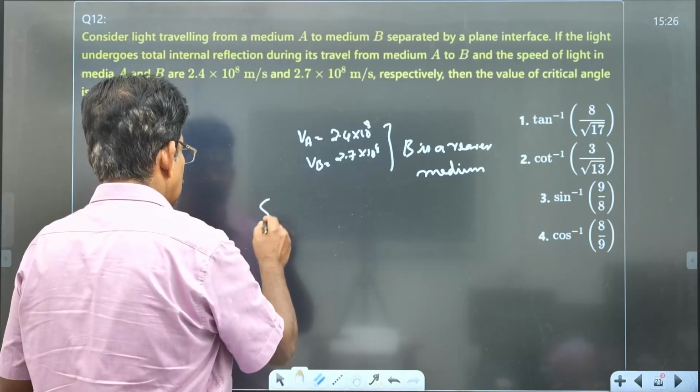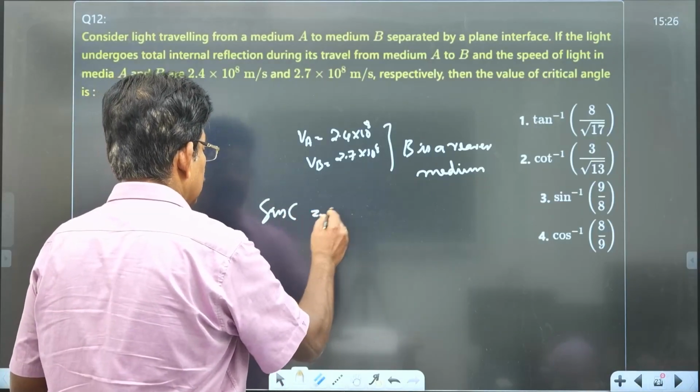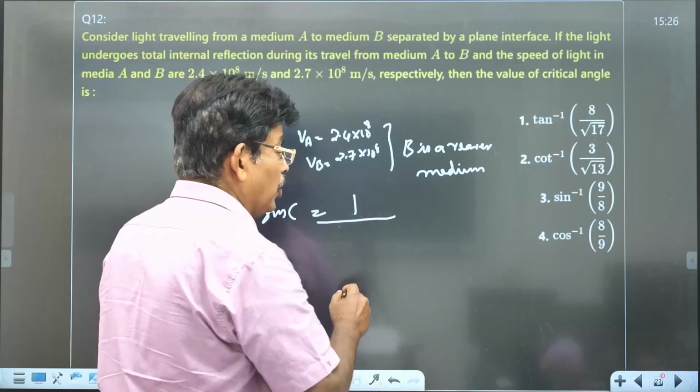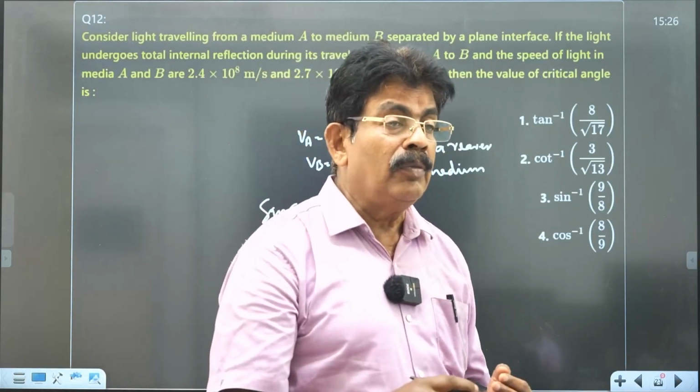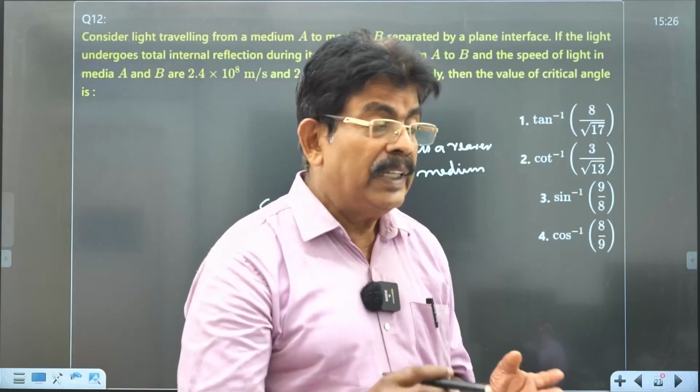So, sine of critical angle is given by 1 by normal mu. What is normal mu? Light goes from rarer to denser.